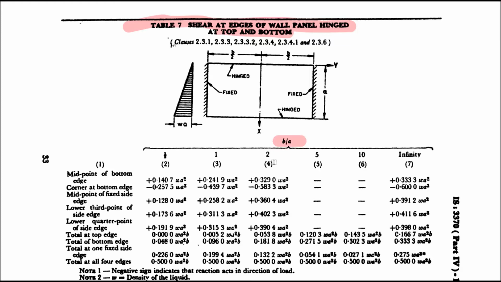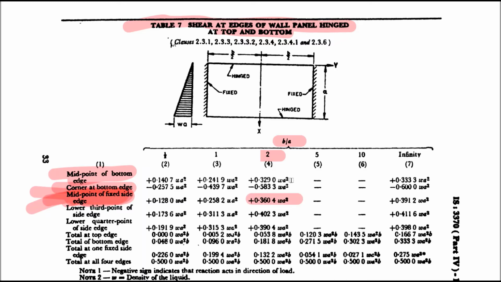In our example the length by height ratio is 2. Here there is the midpoint of bottom edge, corner at bottom edge, and midpoint of fixed side edge, and there are many other things. But we need the midpoint of the fixed side edge. At ratio 2, the value is 0.360 WH square.